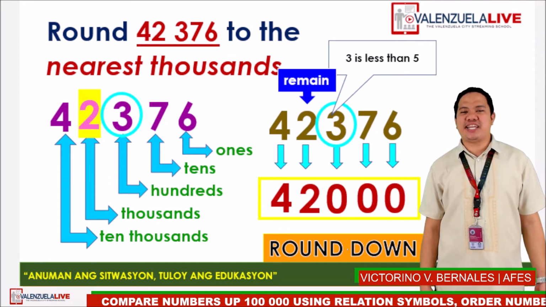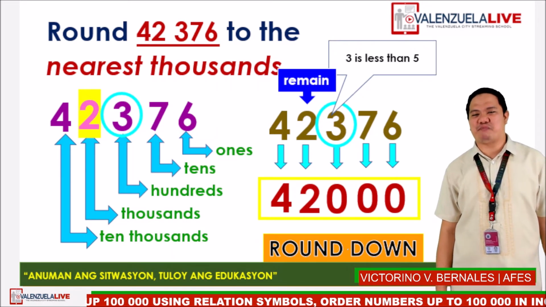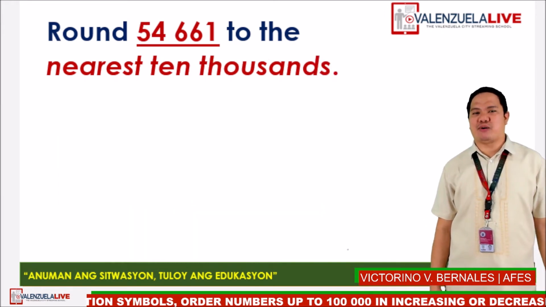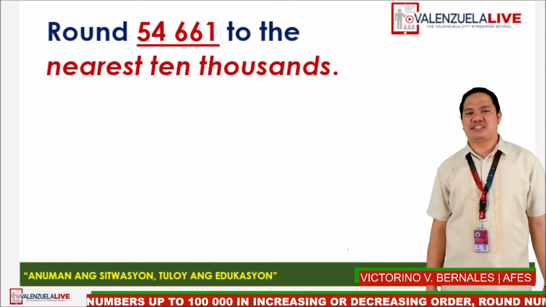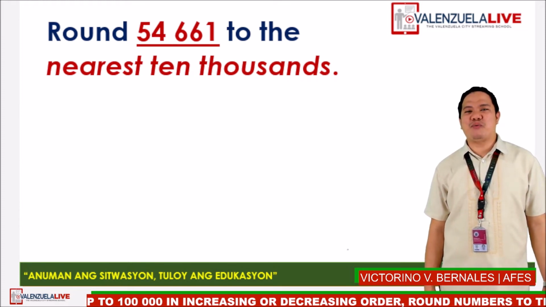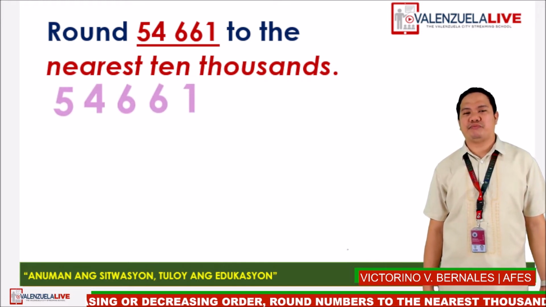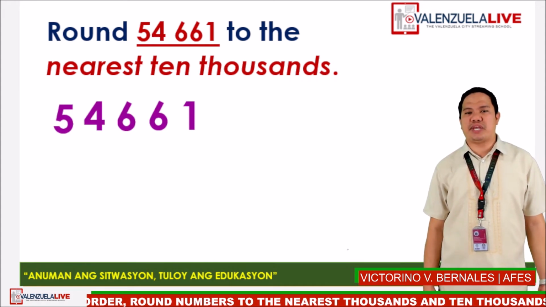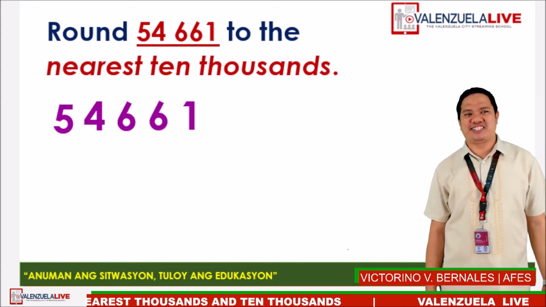Did you understand how to round numbers? Let us try another example. Round 54,661 to the nearest thousands. By this time, we will just use our own knowledge about place value. First thing we need to do is to determine the digit to be rounded off, identifying what is in the 10,000s place.